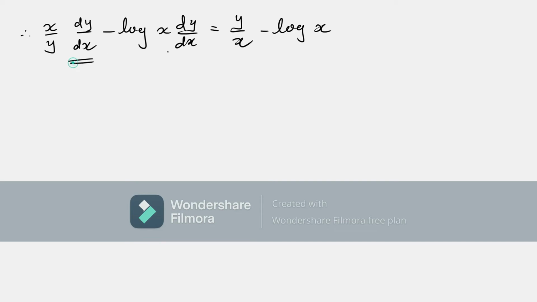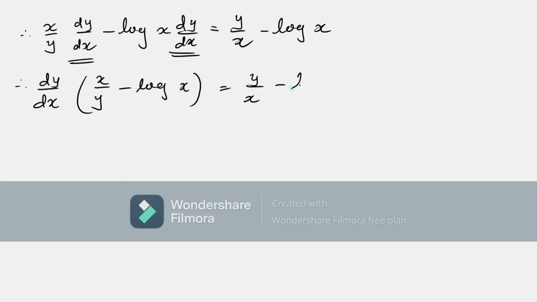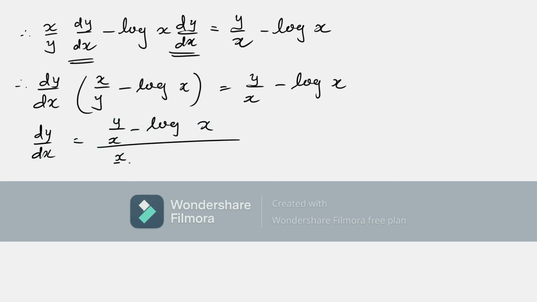Let us take dy by dx common from both. So dy by dx is out, and here x by y minus log x is equal to y by x minus log x. dy by dx is out, so y by x minus log x upon x by y minus log x.